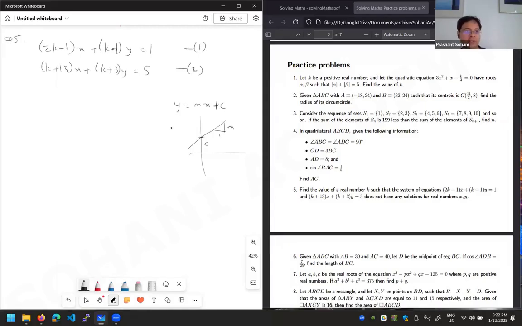Okay, so the idea is, let us first convert the first equation into the standard form, y equal to. So for that, I need to divide. I'll take this to the other side, so I'll write k minus 1 times y, and the coefficient of y needs to be 1, so I need to divide with that.